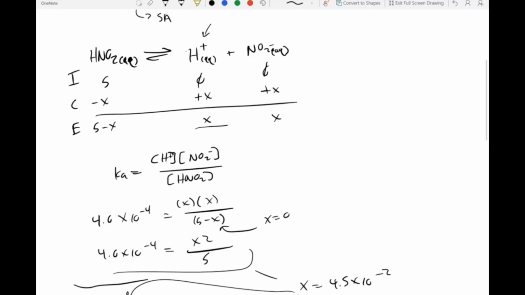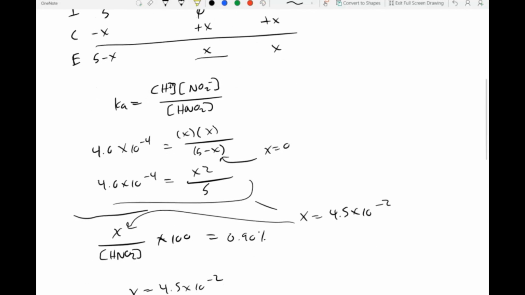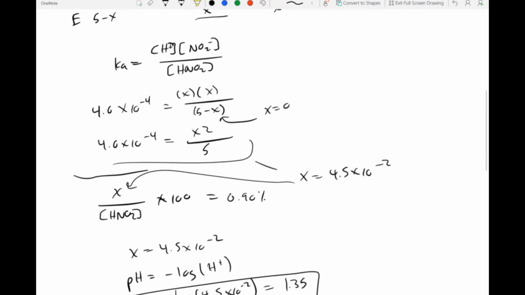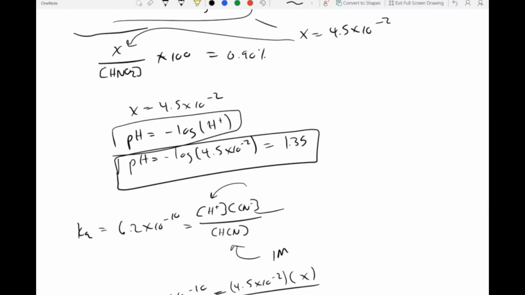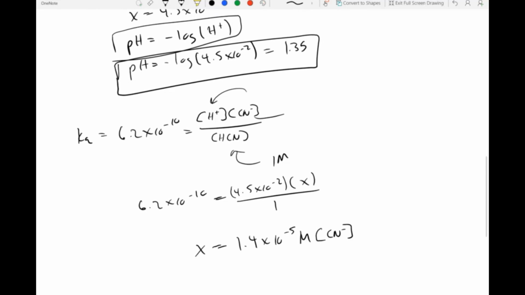And we used an ICE table in order to solve for our X, and then X would be the concentration of our H plus ion, and from that we just plugged it into the equation for pH, which is just negative log of your H plus ion, and we solved for the pH. For the second problem, we used the K value of your hydrogen cyanide in order to solve for the CN ion at equilibrium.